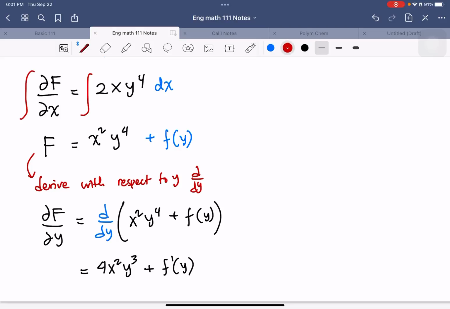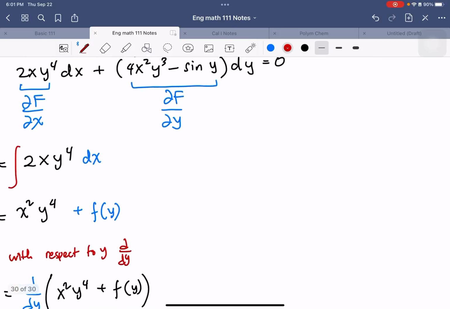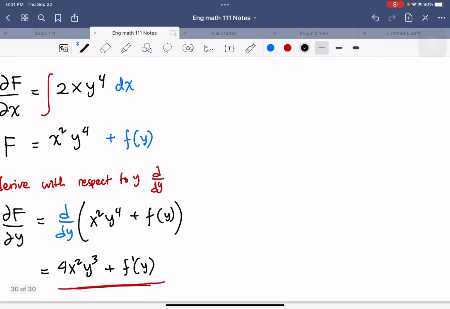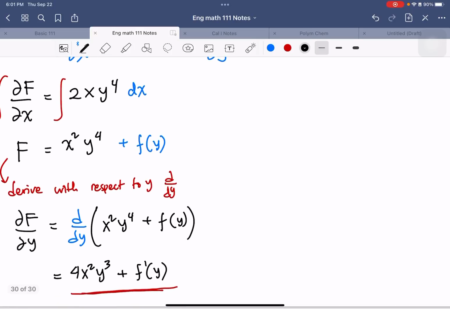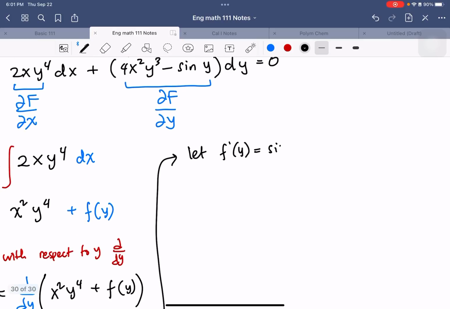Now we have this, okay? Does it look similar with this? Okay. Now, so maybe right here, go here. So let f prime y equal negative, right?